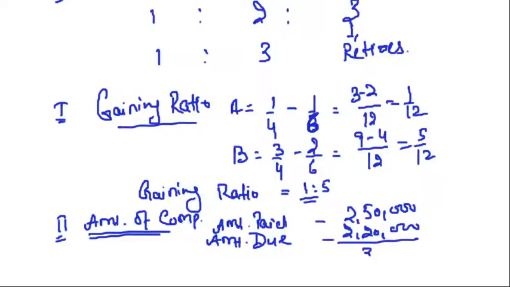So this difference is the goodwill being paid to the retiring partner. This goodwill 30,000 will be paid in the gaining ratio of 1:5 by the remaining partners. Is that clear? What will be the journal entry for that?